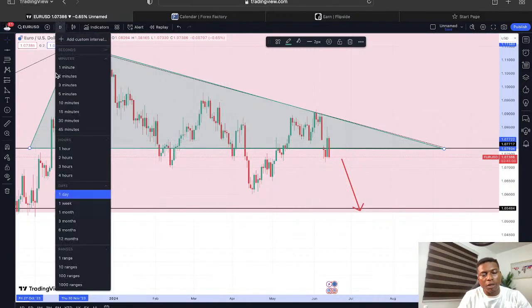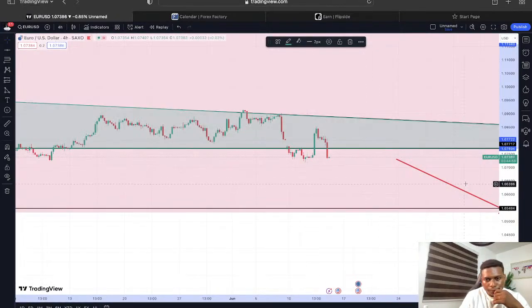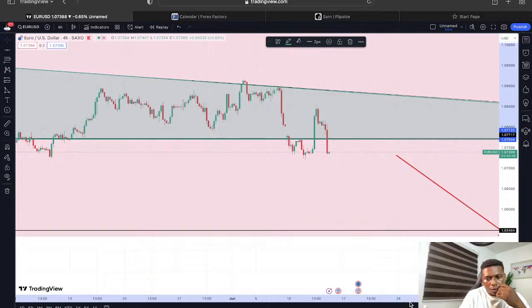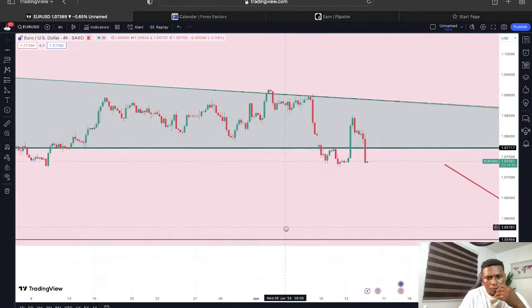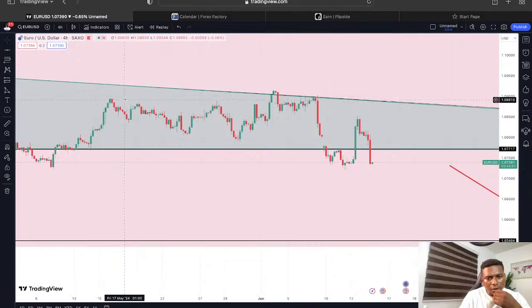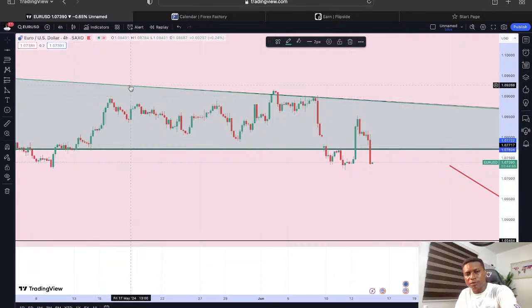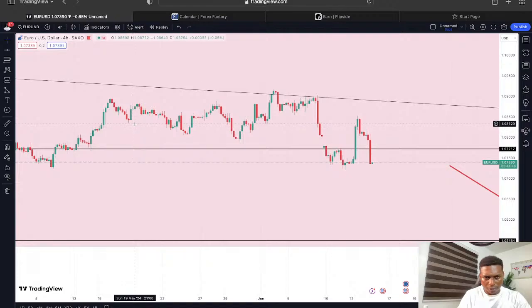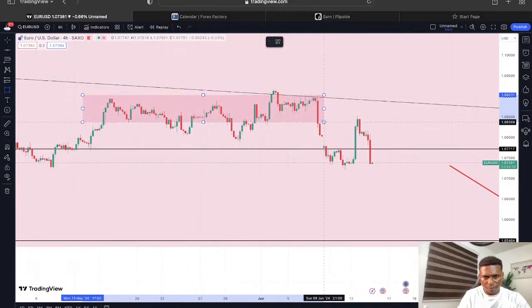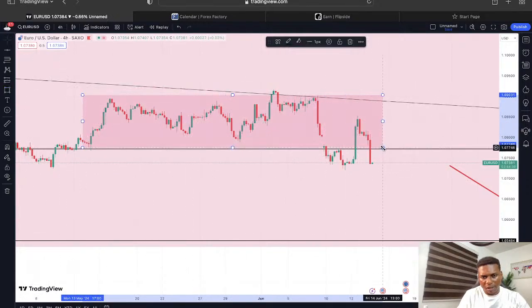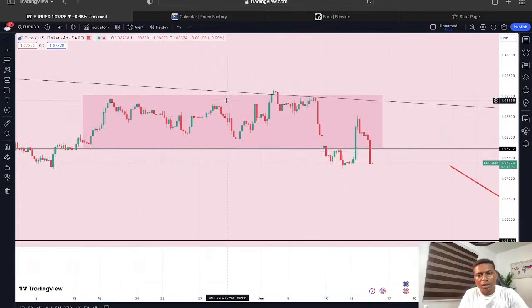Now let's go down to the 4 hours time frame. If we look at this on the 4 hours time frame, let me take this off. You discover that price has equally been ranging, just consistently moving within this level here.